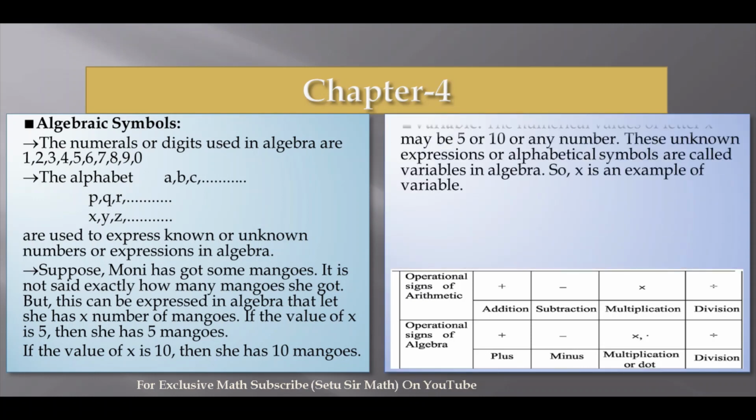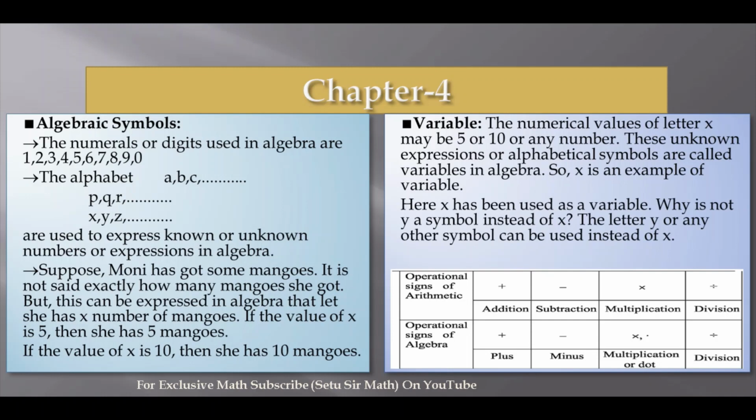Next, variable. The numerical values of the letter X may be 5 or 10 or any number. These unknown expressions or alphabetical symbols are called variables in algebra. So, X is an example of a variable.